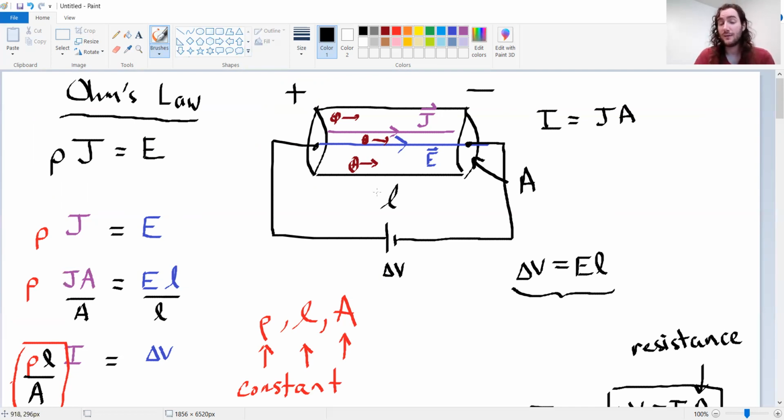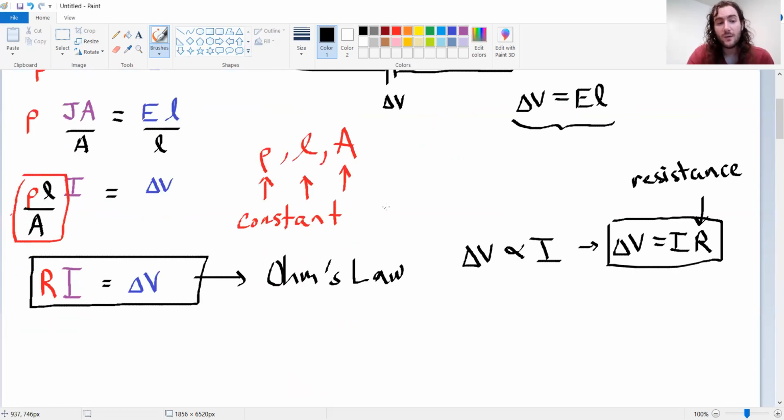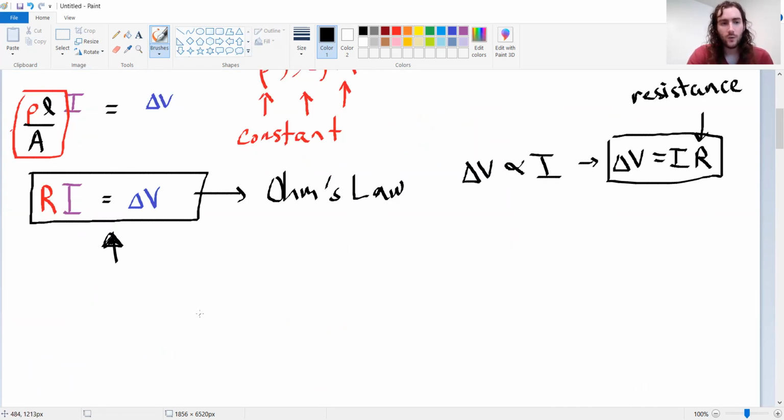But again, it wouldn't be that difficult. Ultimately we would still write down this expression here, and once we wrote it down, we would understand that R has a meaning independent of rho times L divided by A.